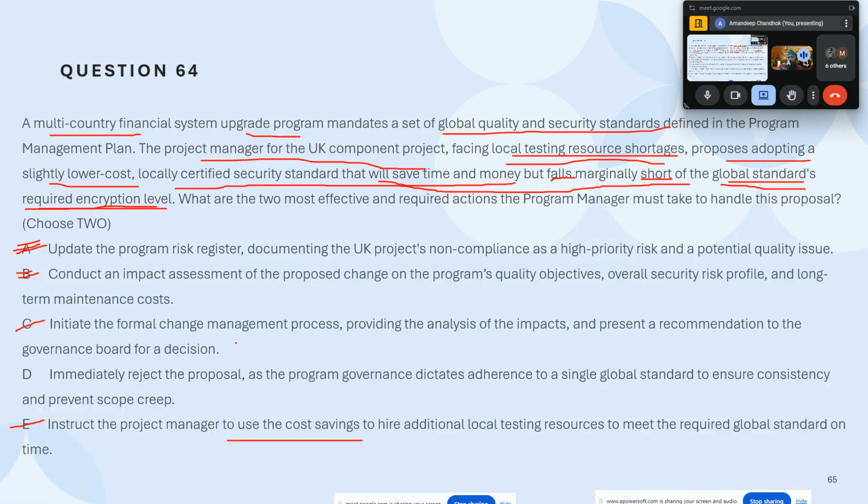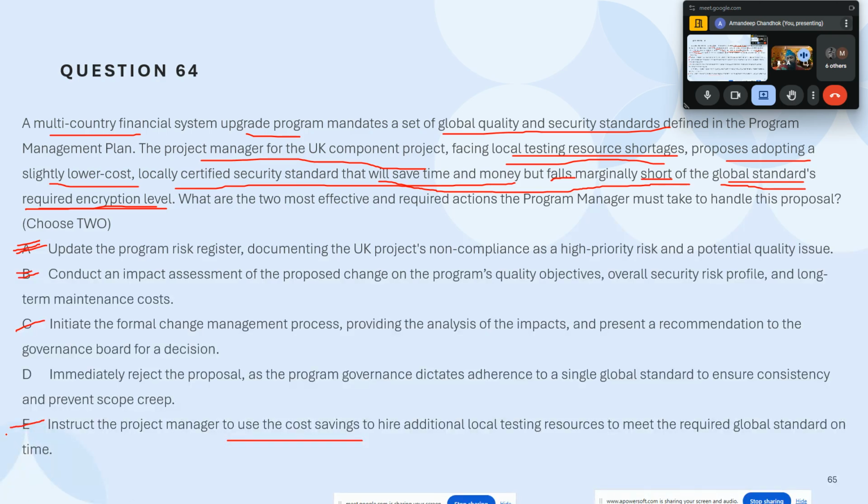Now remember this, right? With financial systems, encryption is a very key part. Encryption is not just when the data is in the database, it's also when the data is in transit and so on, right? So it becomes very critical to ensure that we don't ignore the required standards. That becomes a key governance one.